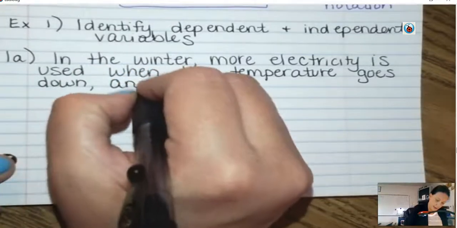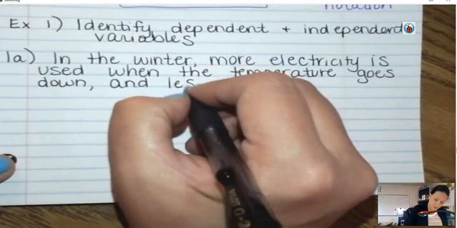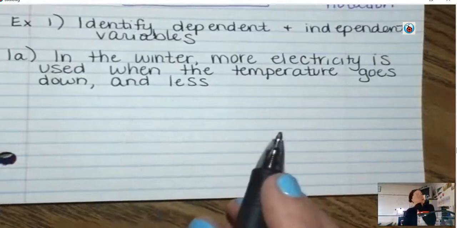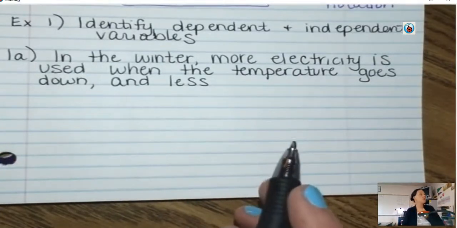And then less is used. In the winter, more electricity is used when the temperature goes down.